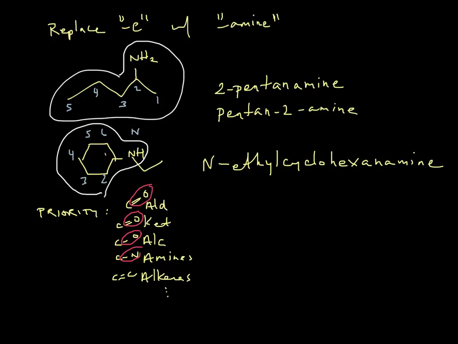All right, so what happens if you have both an alcohol and an amine on something? So if you have this one and this one, then the amine would need to be a substituent. So as a substituent, the nitrogen or the amine is written as an amino.